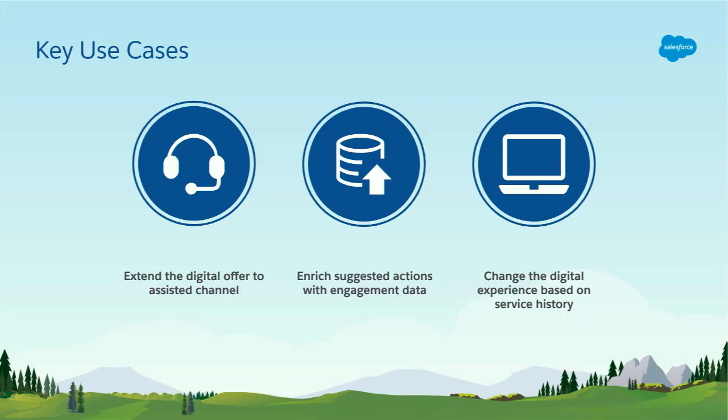So think about this as a service agent, for instance, who might be on a phone call with someone or interacting via chat or something. Within the Service Cloud console, they might be getting these recommendations from Einstein Next Best Action on what offer they should present or what kind of next interaction they should have.